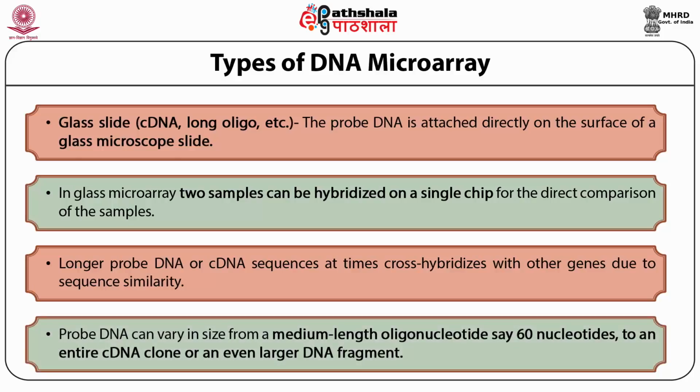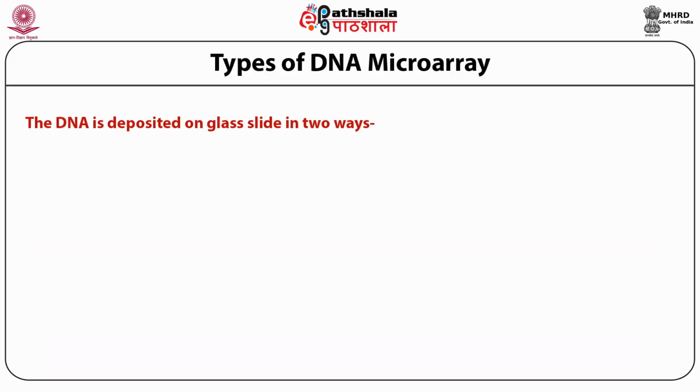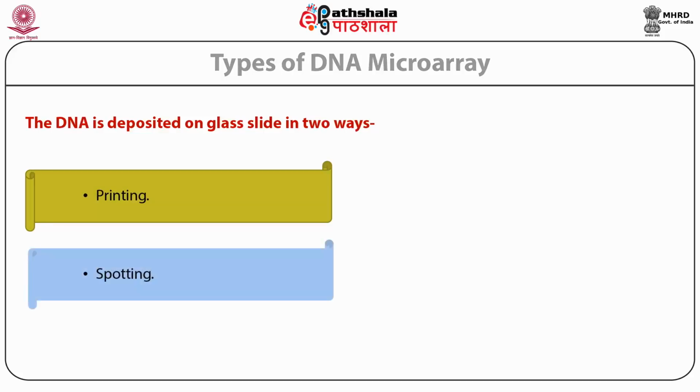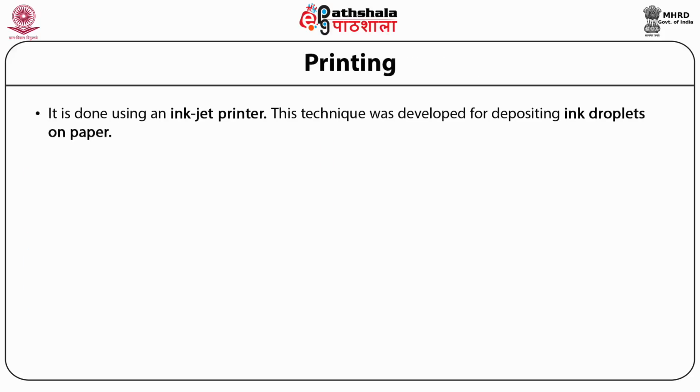Probe DNA can vary in size from a medium-length oligonucleotide, say 60 nucleotides, to an entire cDNA clone or an even larger DNA fragment. The DNA is deposited on the glass slide in two ways, either using printing or spotting. It is done using an inkjet printer. This technique was developed for depositing ink droplets on paper.